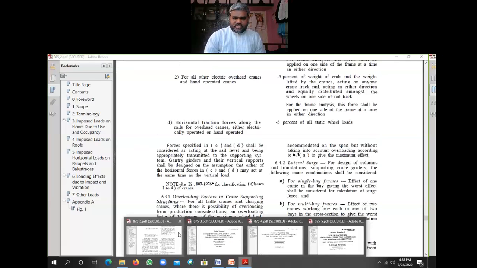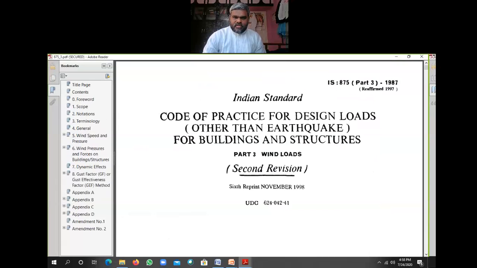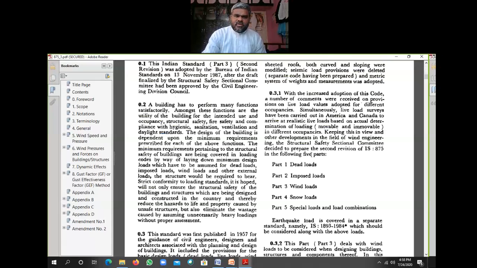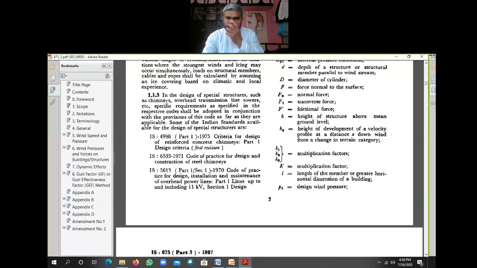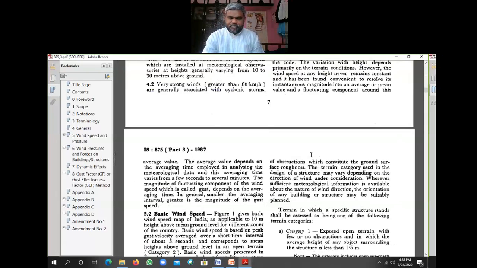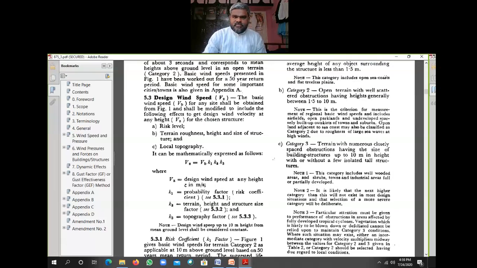So next we'll see part 3, that is wind load. How is wind load calculated, right? See, this is a formula mathematically expressed like this.